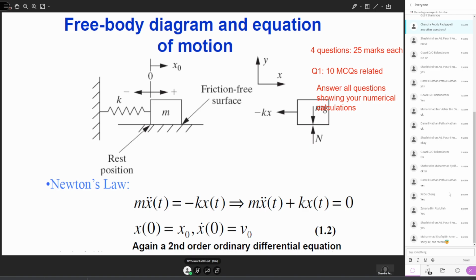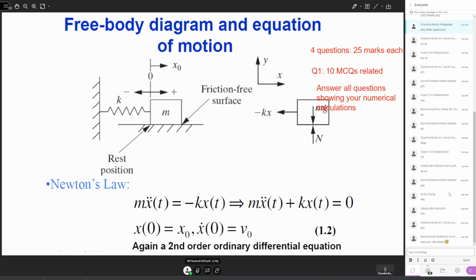Okay, I just type here, Q2 is question 2: use energy or Newton's method and derive equation of motion. So for this question, depending on what is asked, you need to draw a free body diagram and the derivation should be step by step, and you may have to find the natural frequency of the system also.